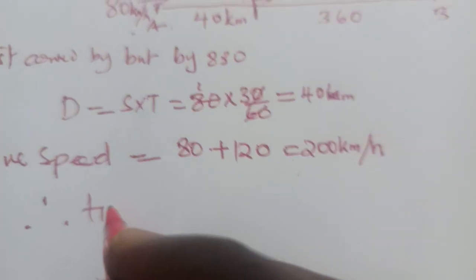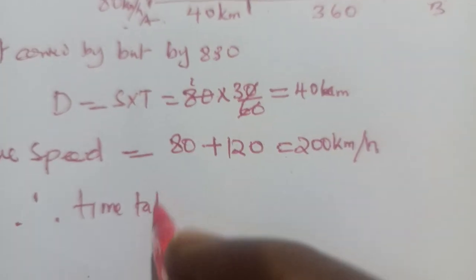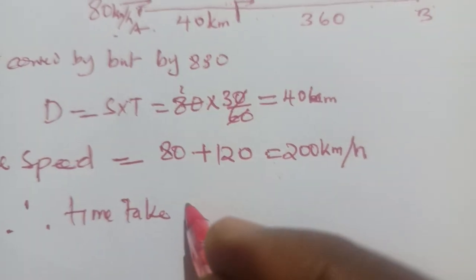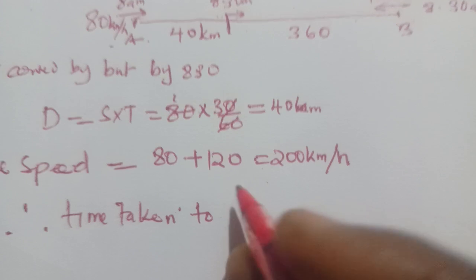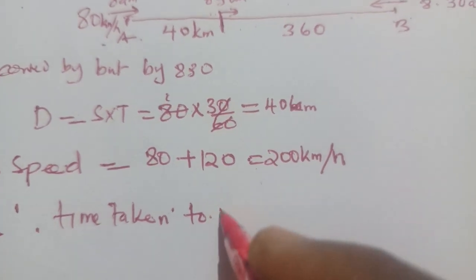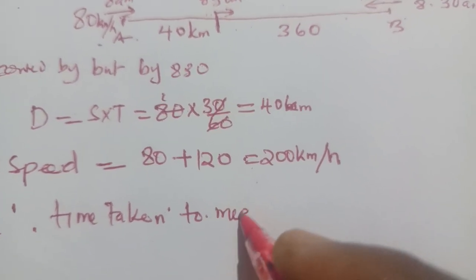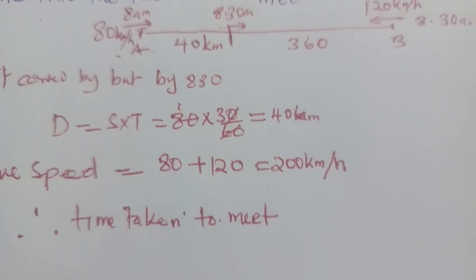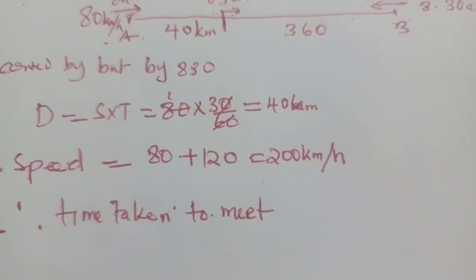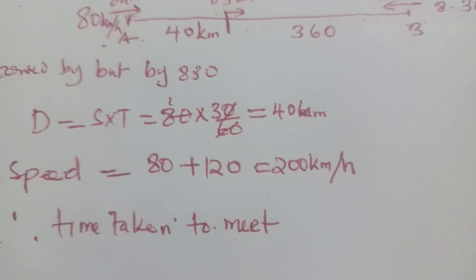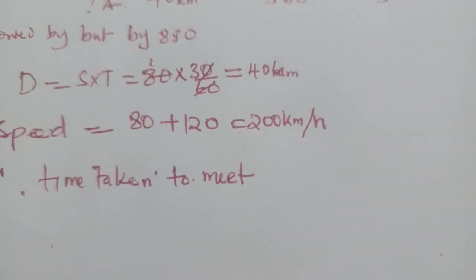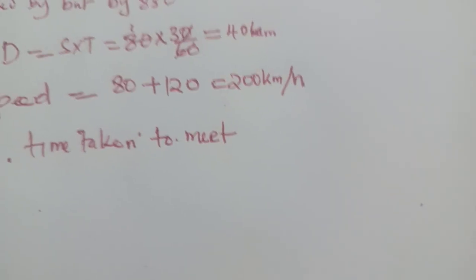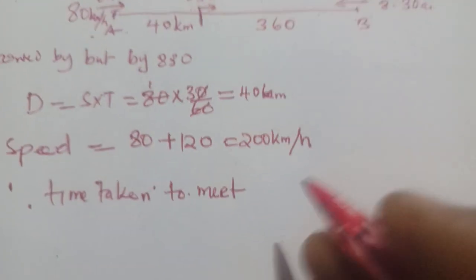So therefore, time taken to meet. Get to know that time taken to meet is different from the time of meeting. Time taken to meet is the duration. The time of meeting is a particular instance.